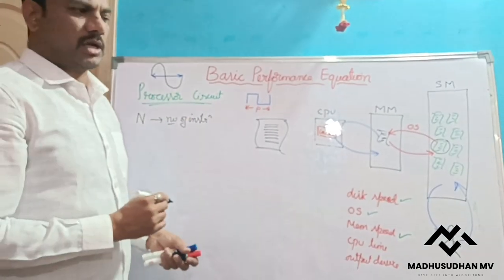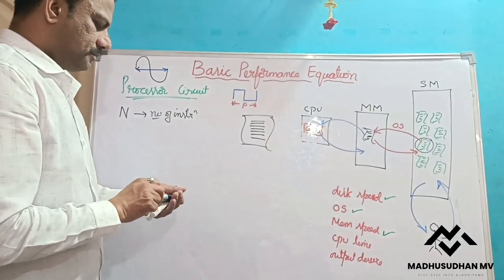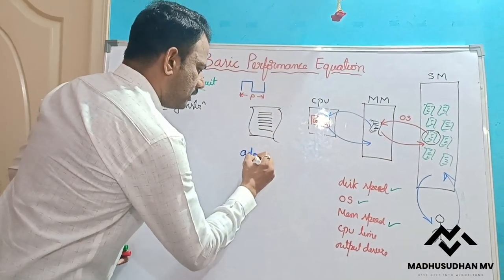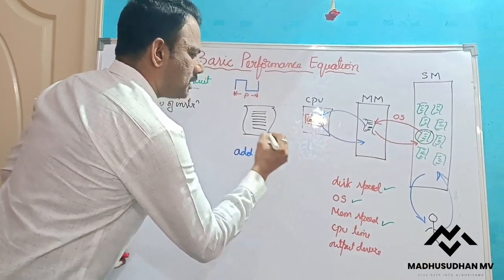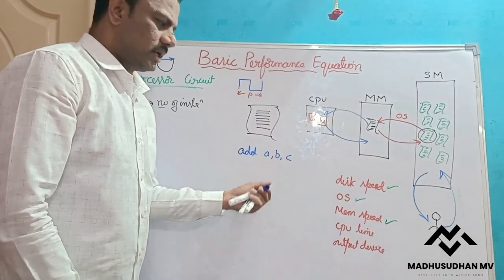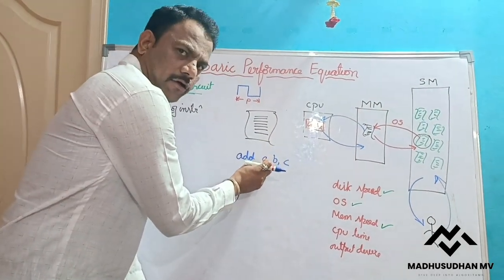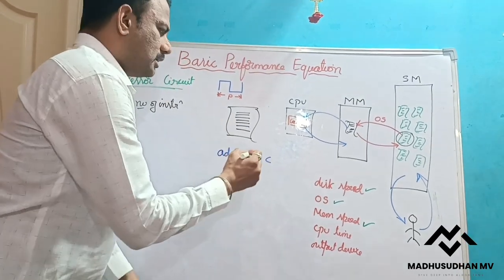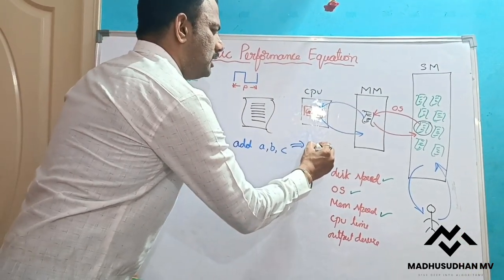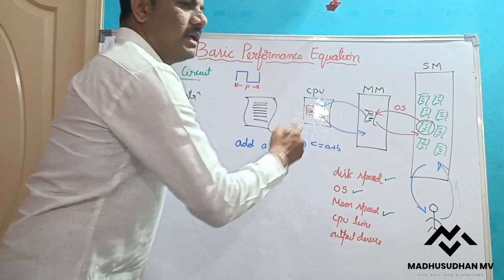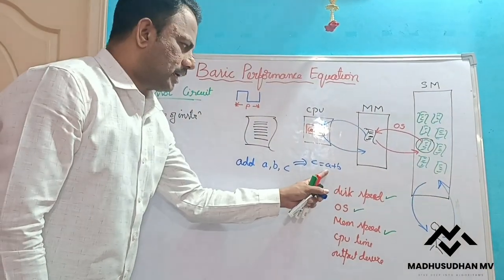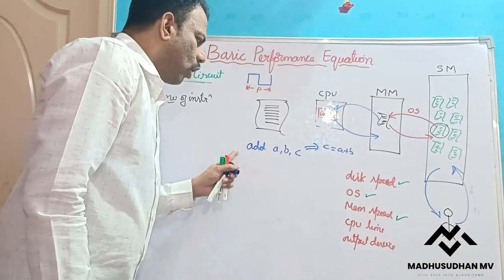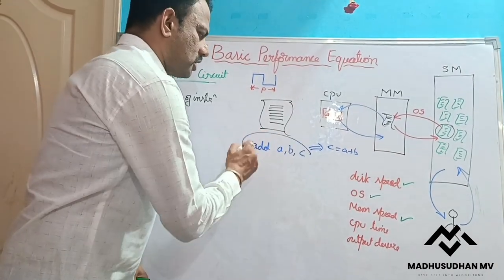Now, there are some instructions. Let us take an example. If I say ADD A, B, C, the meaning of this instruction is that it will add the content of A with the content of B and the result is stored in C. The same thing in a high level language is C = A + B. How many operations am I performing in this instruction?